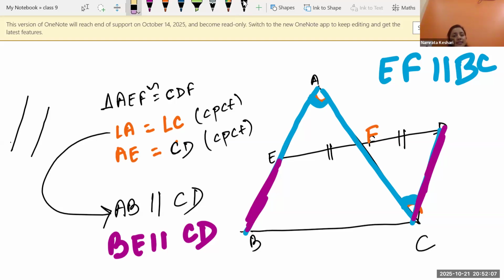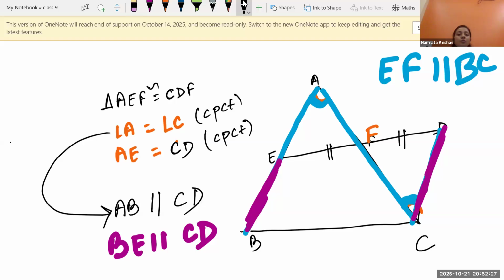Even if you extend any one of the lines and keep on extending, both will still be parallel. So if AB and CD are parallel, we can say that BE and CD will be parallel, and easily we will be able to prove that BE and CD are equal also.